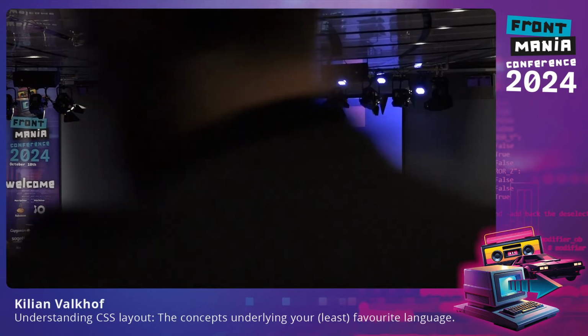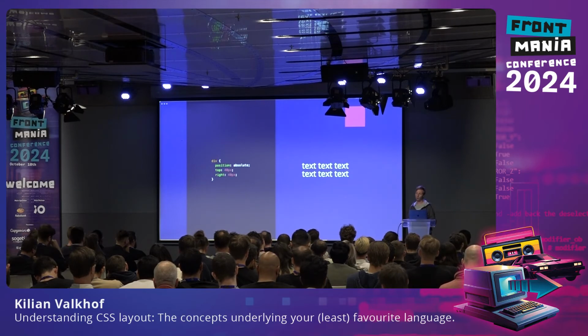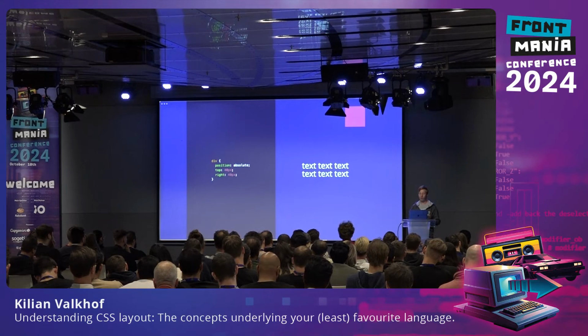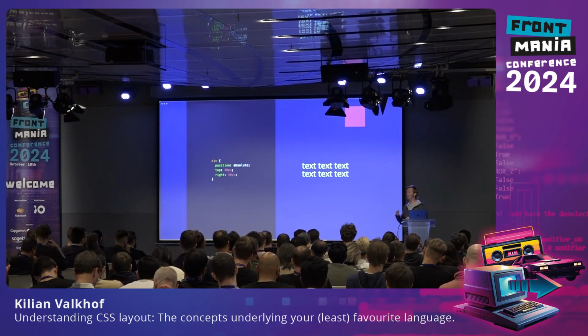We still have the same two text lines with the box in the middle, but because the box is now positioned absolutely, it doesn't take up any space in the rest of the layout. Now inset, so top, left, bottom and right, doesn't move the box away from its reserved space, because it doesn't have a reserved space anymore, but it places it in relation to the offset parent.